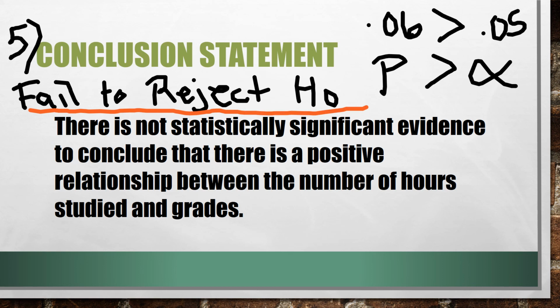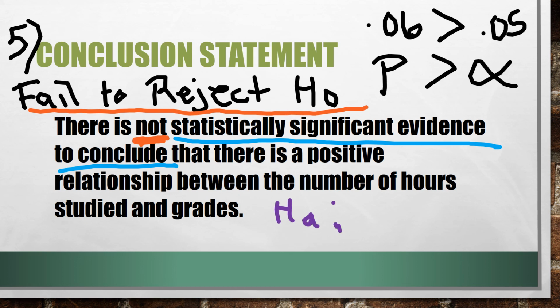we're going to say there is not statistically significant evidence to conclude. So that's pretty standard, that part in blue. And then this last part of the sentence is our alternative hypothesis, or research hypothesis.